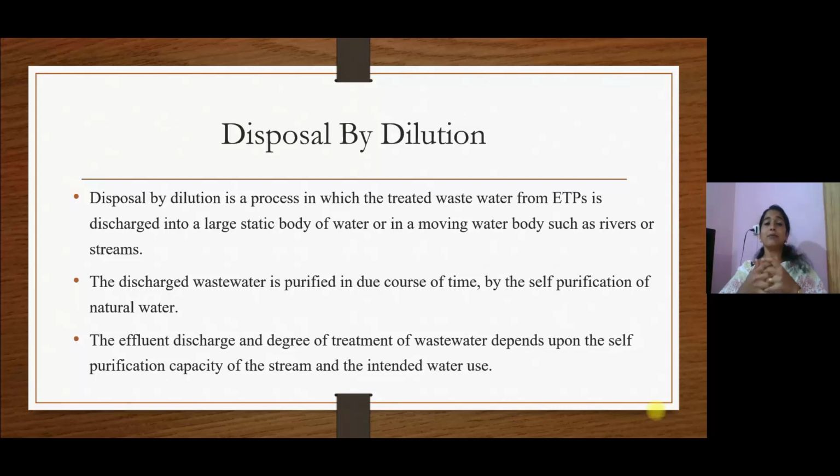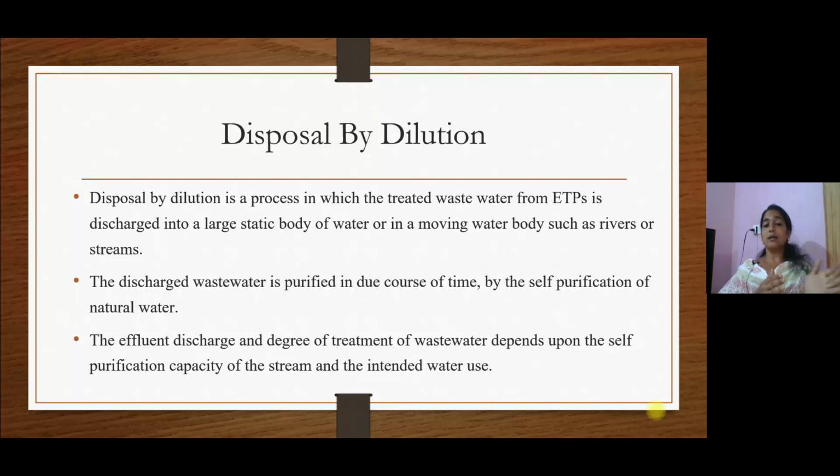And these effluents, that is wastewater coming after treatment process from ETPs, that is effluent treatment plants, will be disposed of into a static water body or a moving water body. Static water body means a lake or something like that, the water is static, and the moving water body like river, etc.